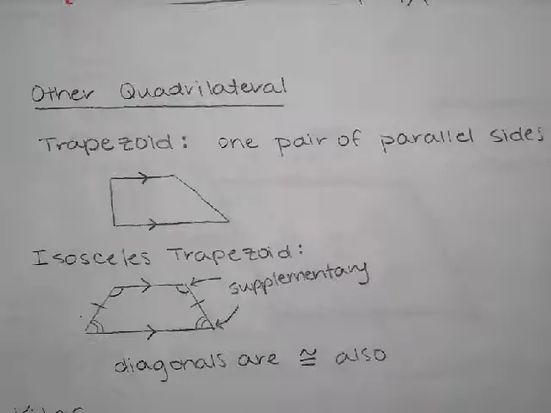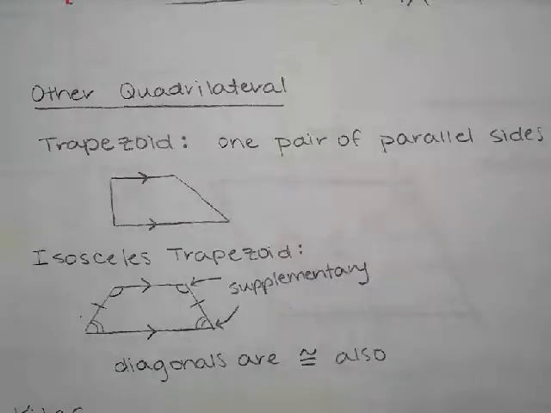I see square. Does anyone see any that say kite? If you look around the room, when you look at the activity, do you see any shapes that say kite? Okay.